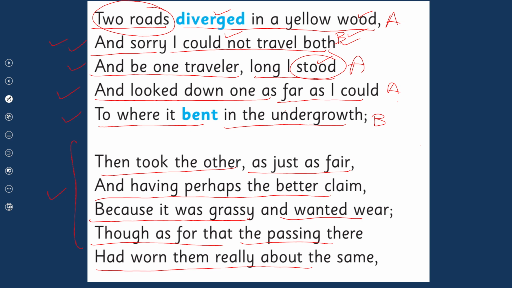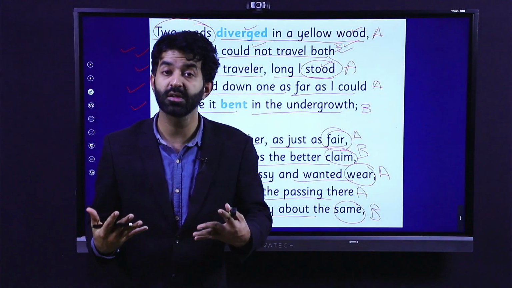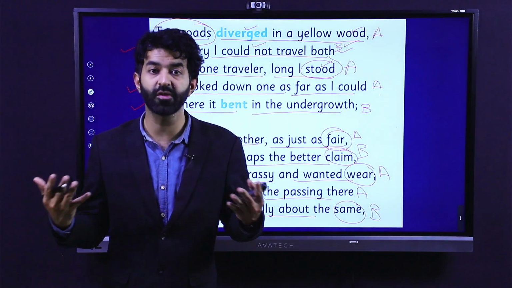A, B, A, B. This is the rhyme scheme. Where, A; claim, same, B. All right. And there, fair, there. A, B. This is the rhyme pattern. This is the rhyme scheme. So it means that this poem is a rhythmic poem. It's not a free verse poem.